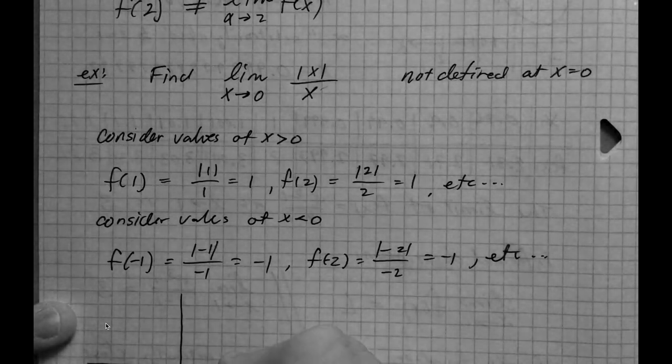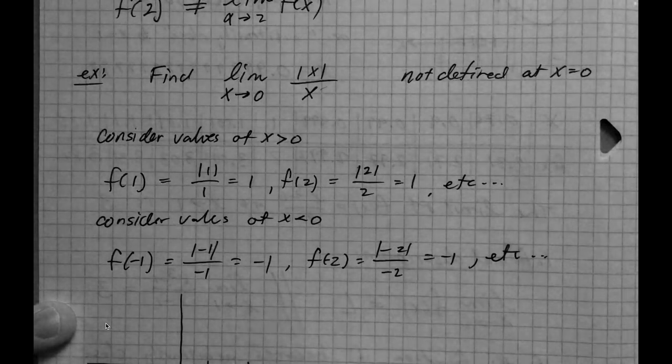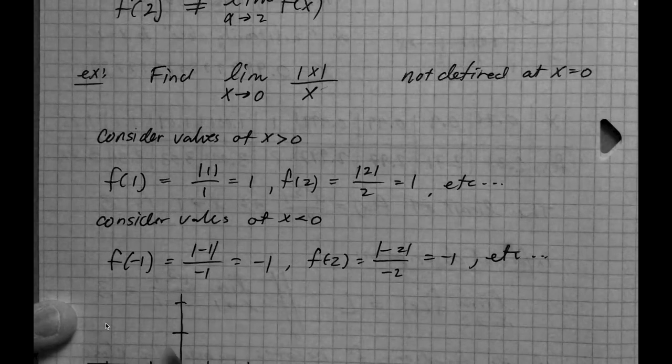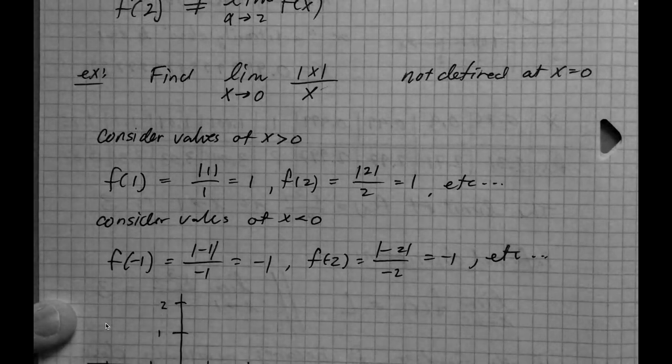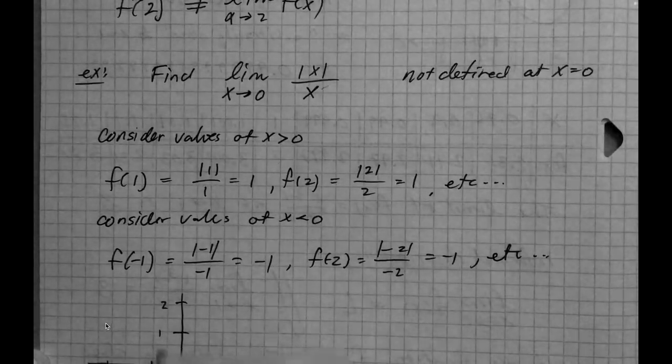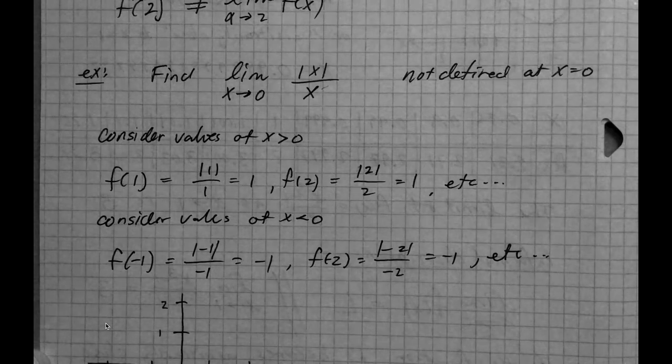Okay, so let's put a couple values in. Here's 1 and 2. Here's -1, -2, and then basically we just need 1 and 2 on the y-axis. Right, but then 0 is undefined, right?